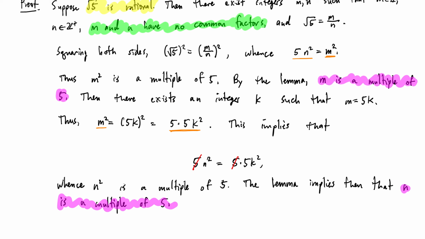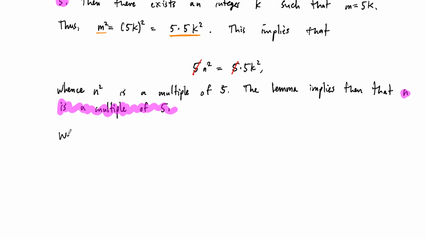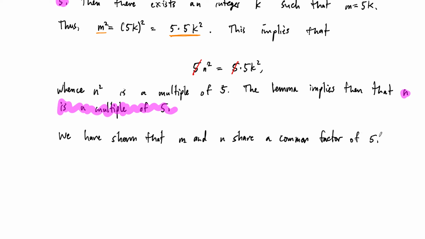That's a contradiction. And so that's what we're going to write next. So we have shown that m and n share a common factor. Happens to be 5. We don't even care what it is, but I'll write it. Shares a common factor of 5, but this is a contradiction.